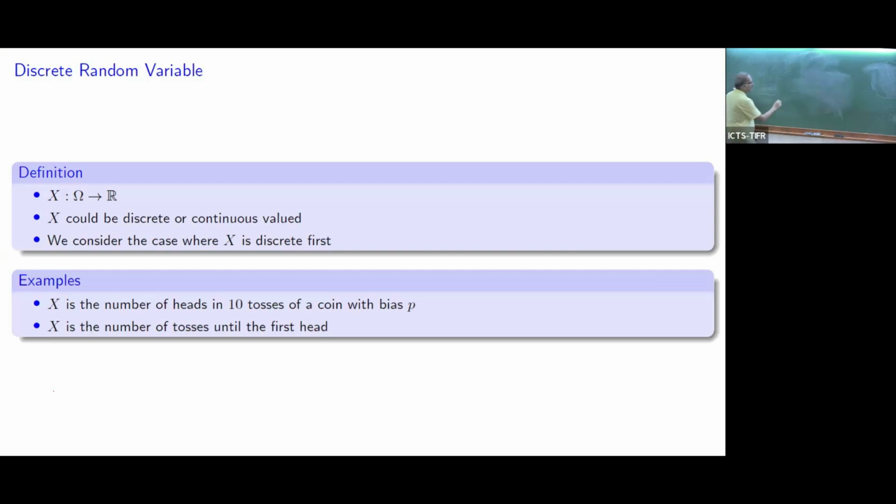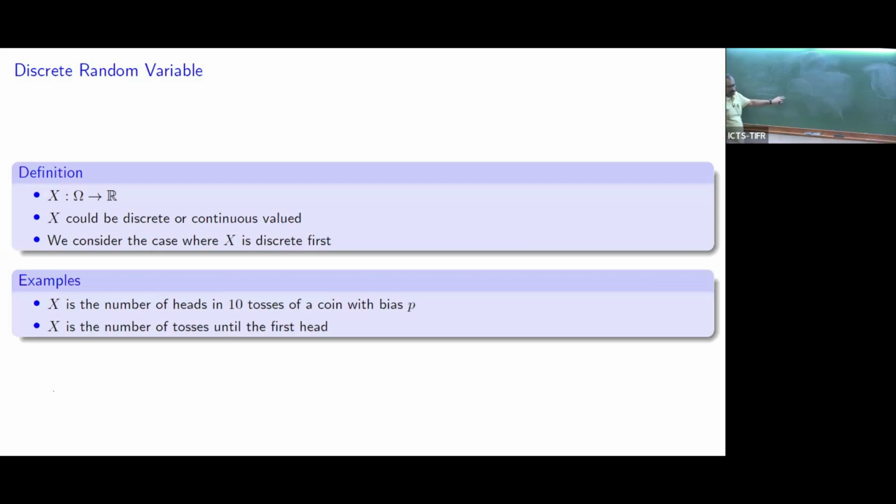So you have a very big sample space with 2 raised to 10 points in it. These are your small omegas. Each outcome is a sequence of 10 heads or tails.